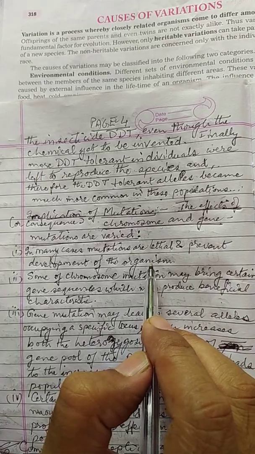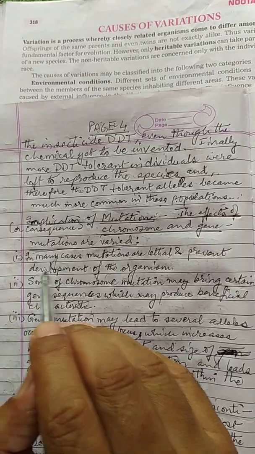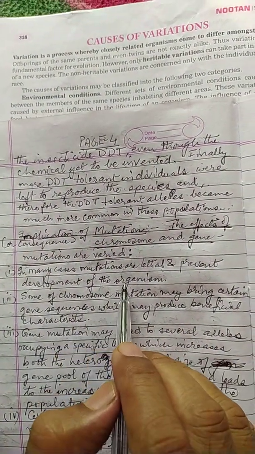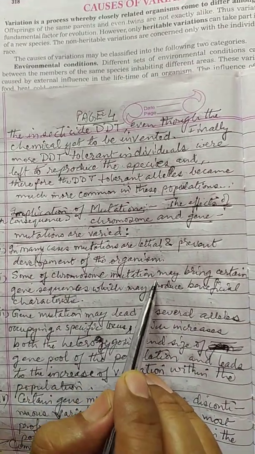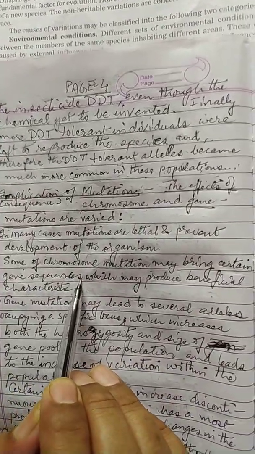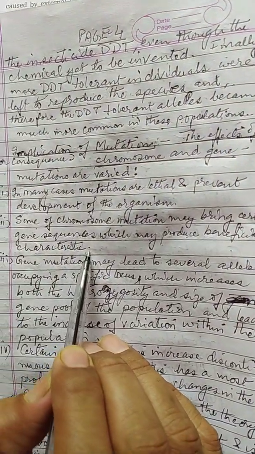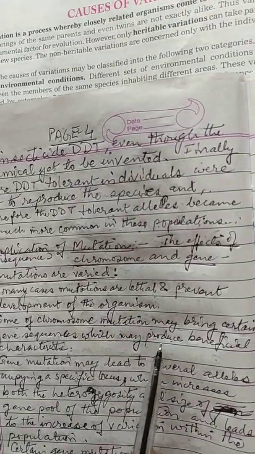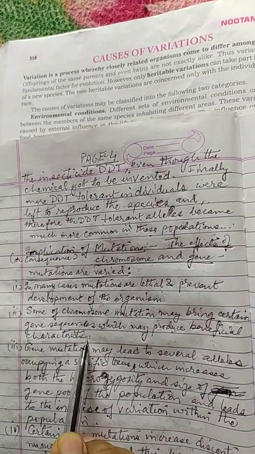Then some chromosome mutations may bring certain gene sequences which may produce beneficial or helpful characteristics for an individual.